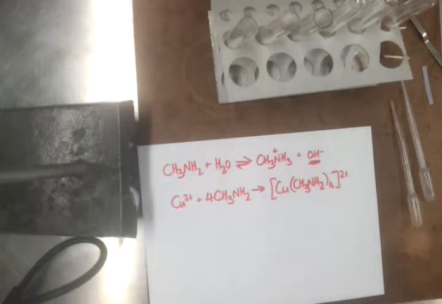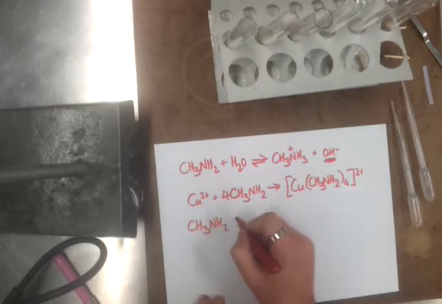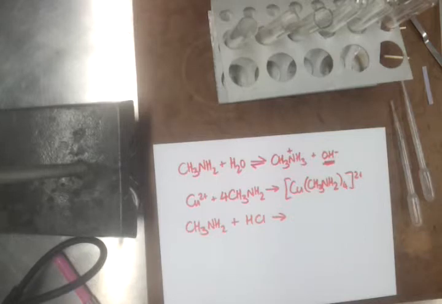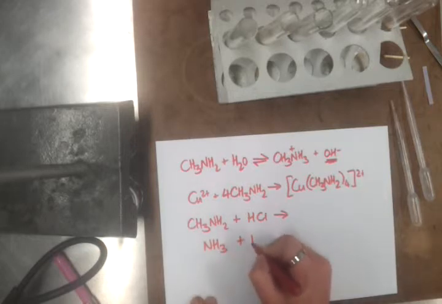Another reaction, which I'm not going to do now, is for us to react it with an acid. So if I was to get my methylamine or aminomethane and react it with HCl, we should be able to get a bit of a guess for that if we remember our reaction of ammonia plus HCl.